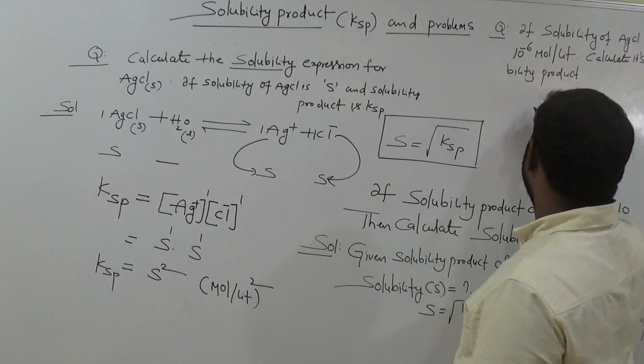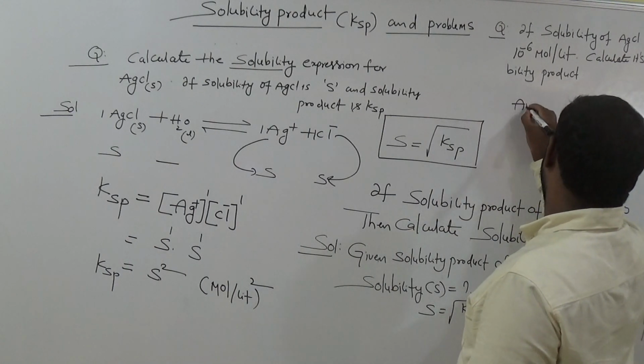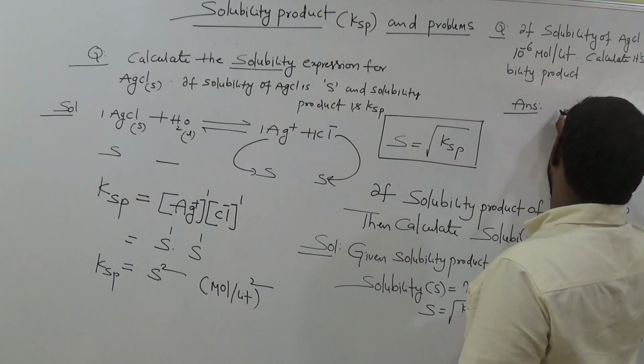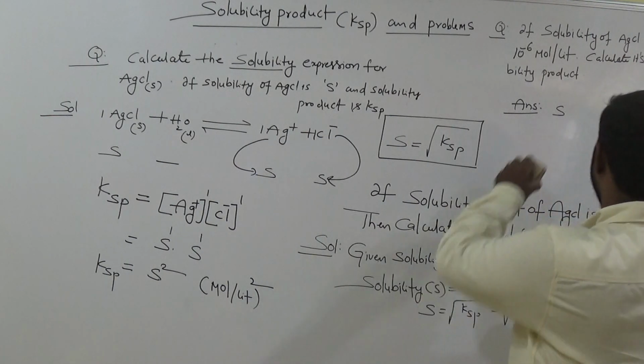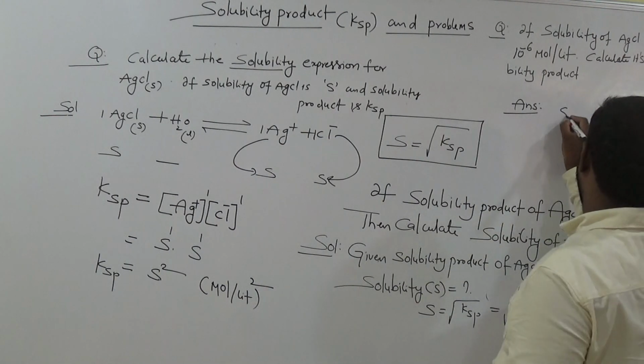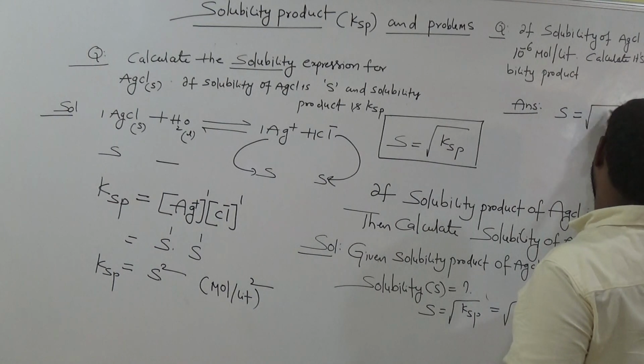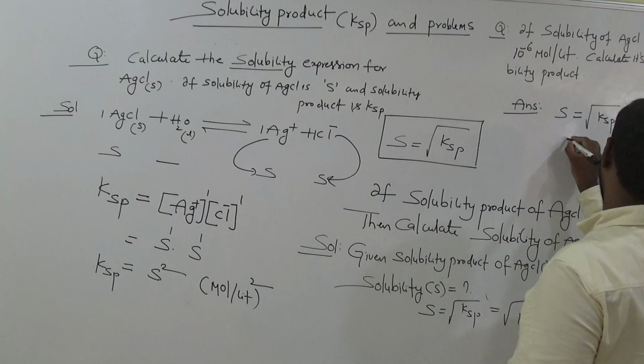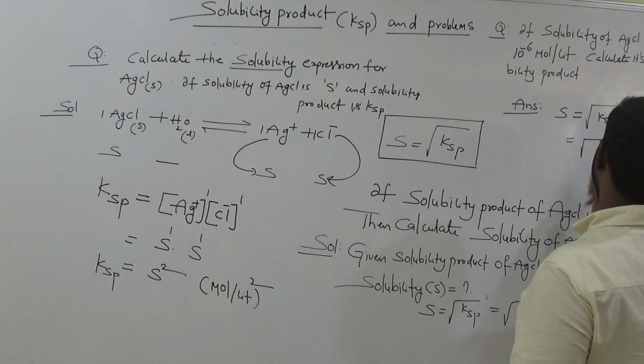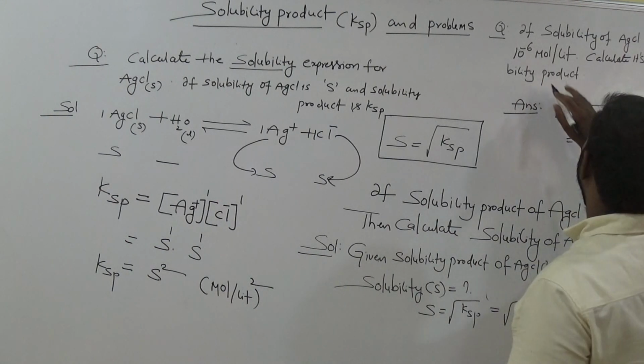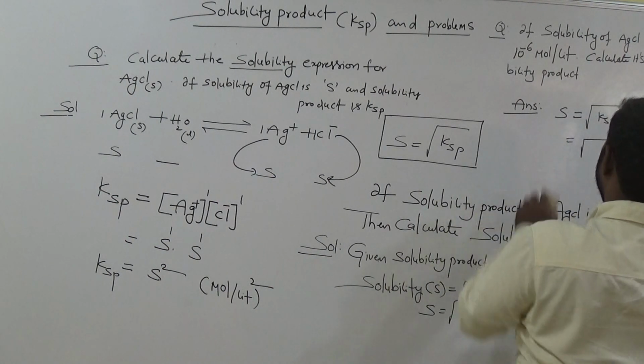Okay. Now what is the relation? Solubility product Ksp, or S is equal to the square root of Ksp, am I right? He has given the Ksp value, how much is it? Not. 10 power minus 6 is given for the S value.